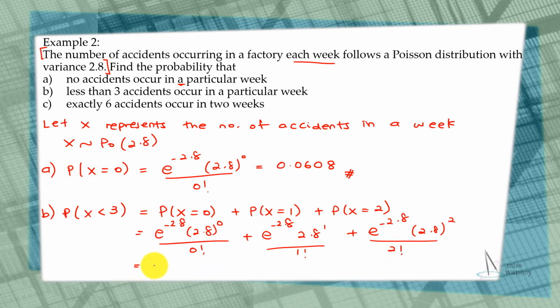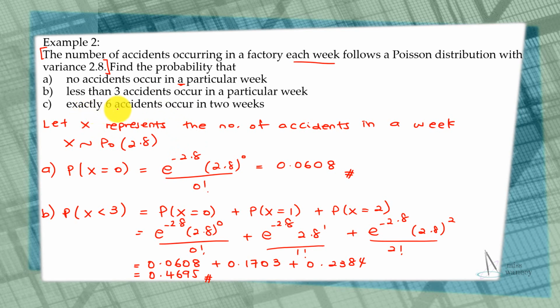So this is 0.0608 plus 0.1703 plus 0.2384. Add everything, and this will give us 0.4695. So that is for B.